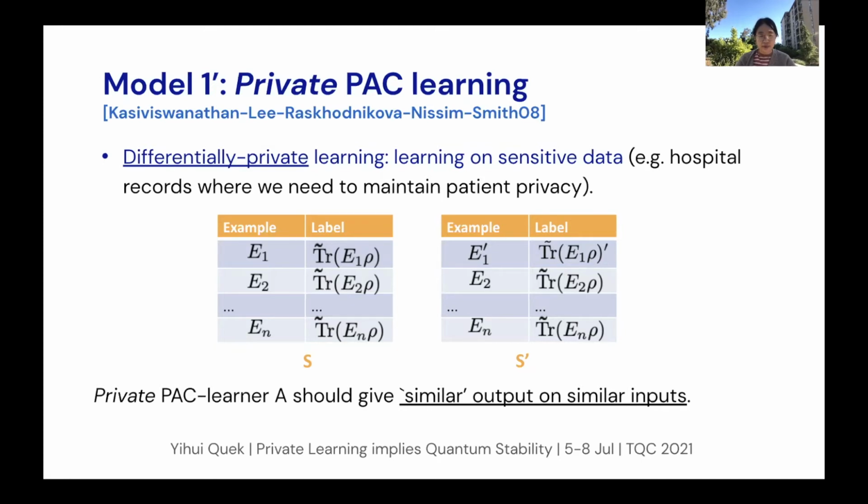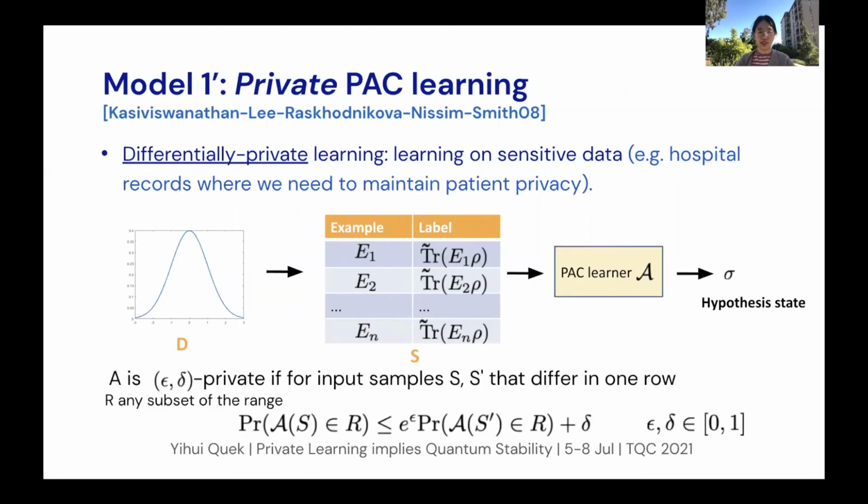So the idea of differentially private learning is that a private learner should give similar outputs on similar inputs. So what is the meaning of similar inputs? Well, consider 2 samples, S and S prime, where each sample consists of n examples, and the samples are exactly the same except for the fact that the first example differs between the 2 samples. Okay, so what is the meaning of similar outputs?